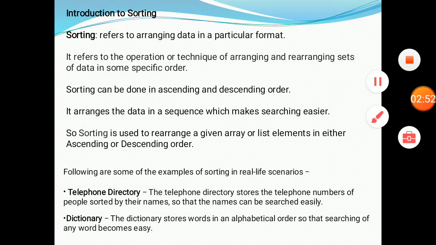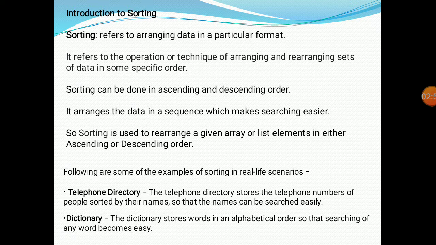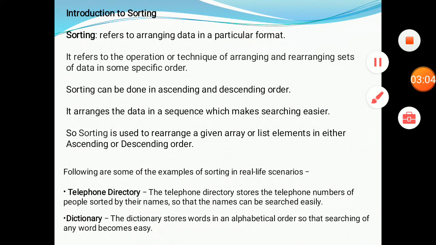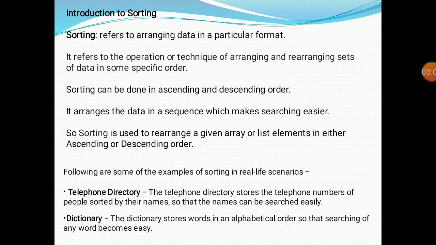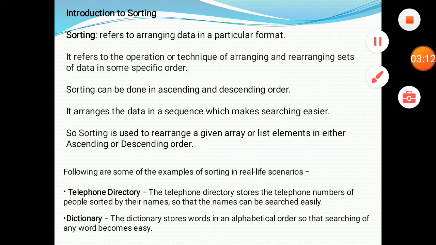Another example is the dictionary, which stores the words in alphabetical order, so that the searching of any word would become easy. So these are a few real-time examples of sorting.